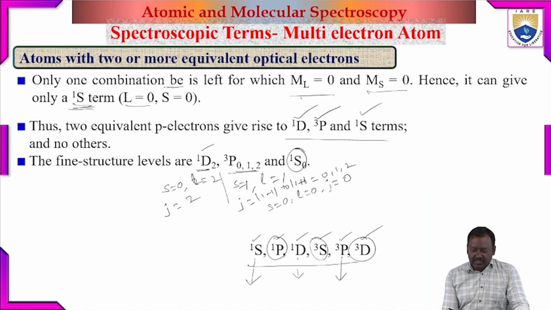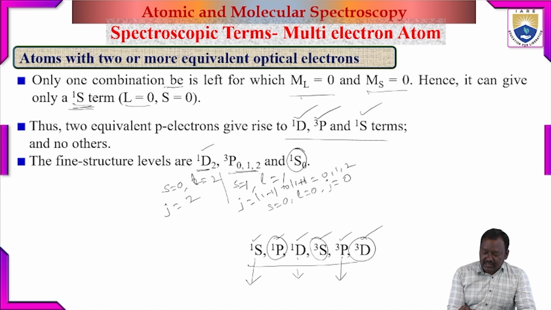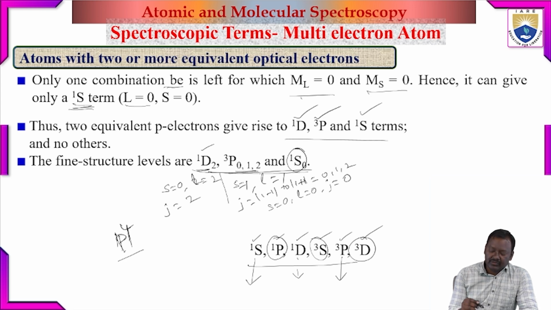And we can also say that these terms also exist for the p4 configuration. When the electron configuration is p4, the same terms exist, because the maximum number of electrons that can be filled in the p subshell is 6.